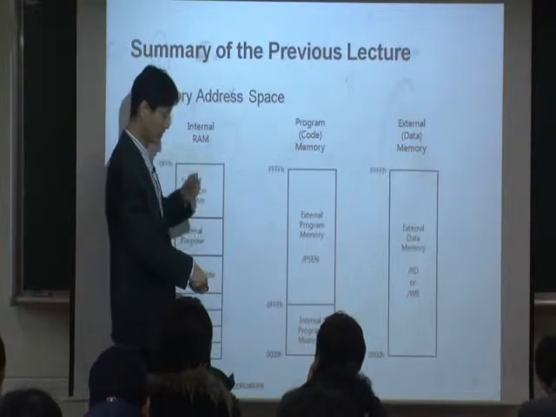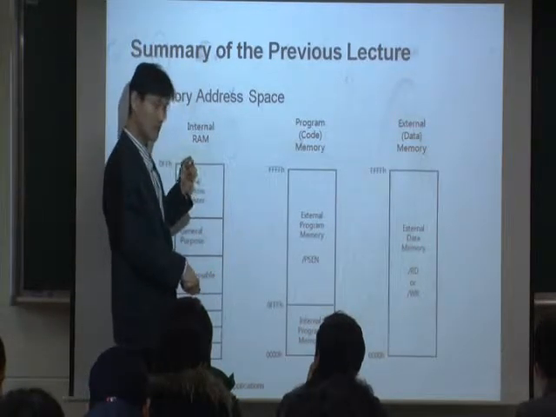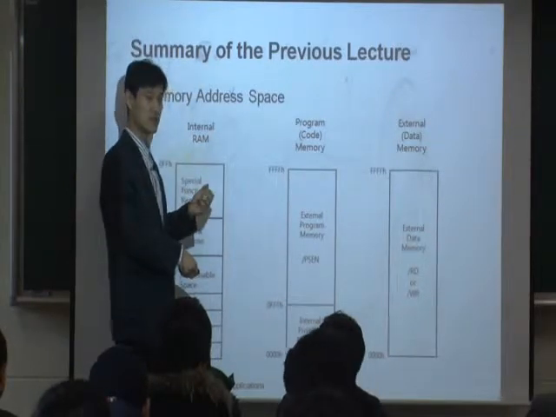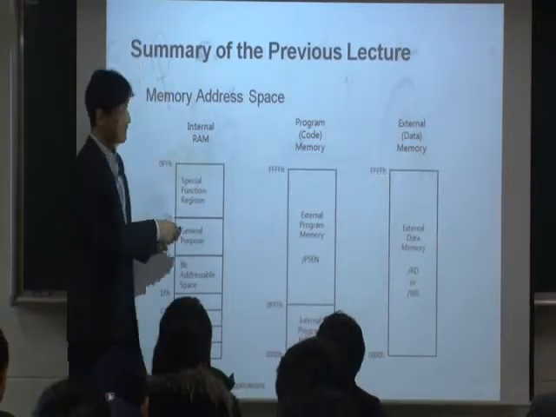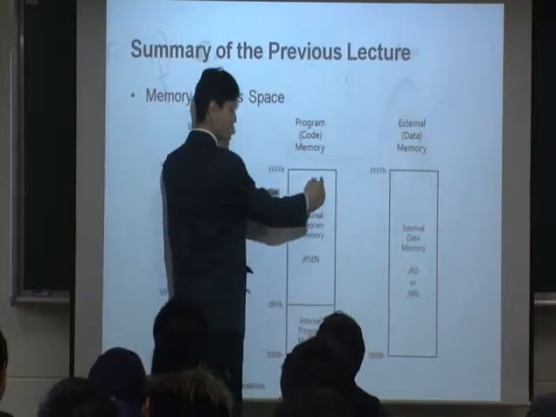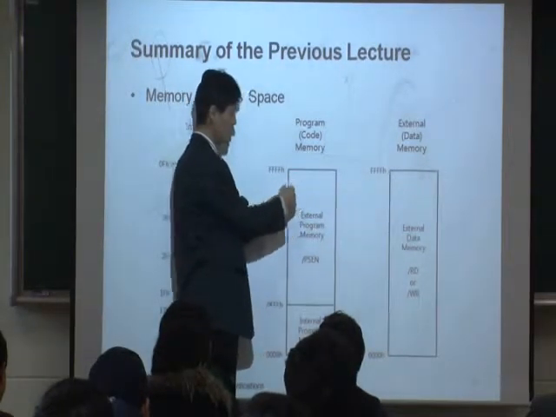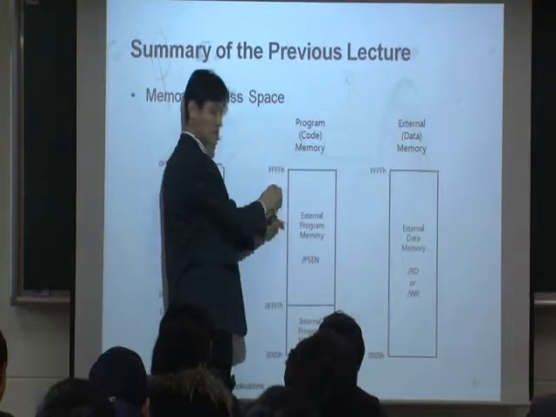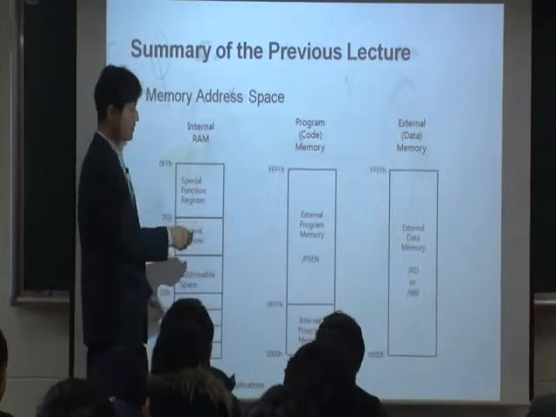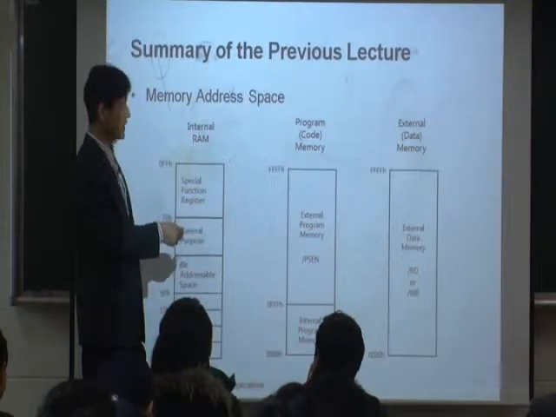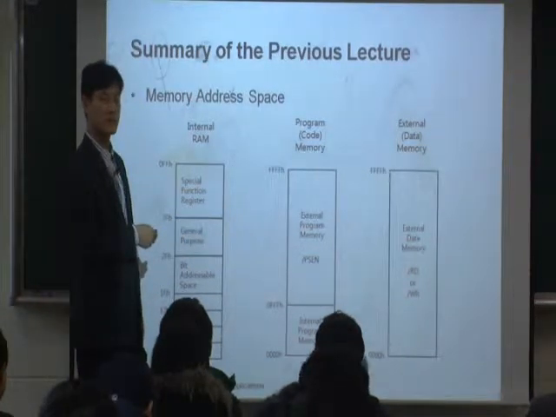Okay, this byte we call it 0000. Next byte 1, next one 2, like this, right? So in other words, size is a byte. Now then, however, if you look at this one, this is the address. But address space is 16 bits.